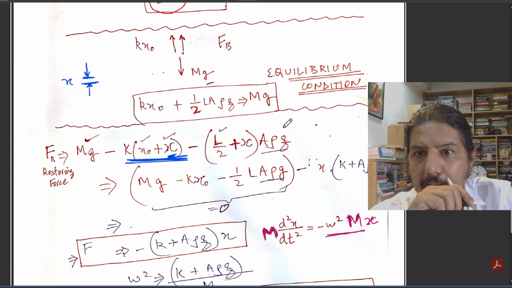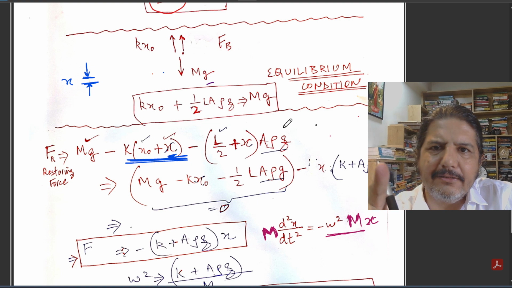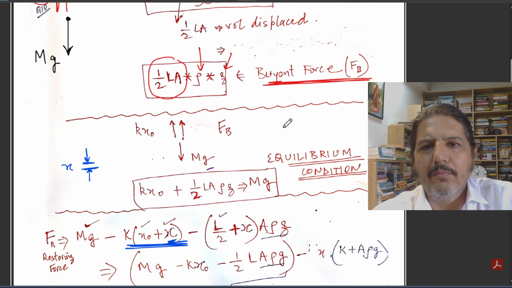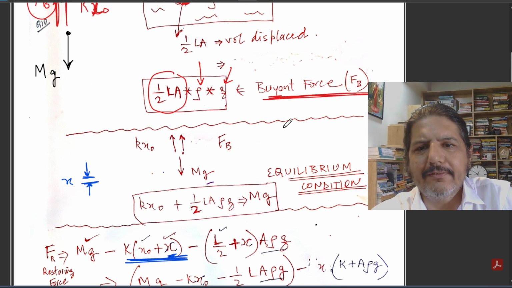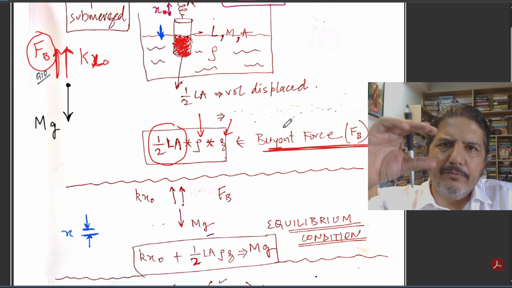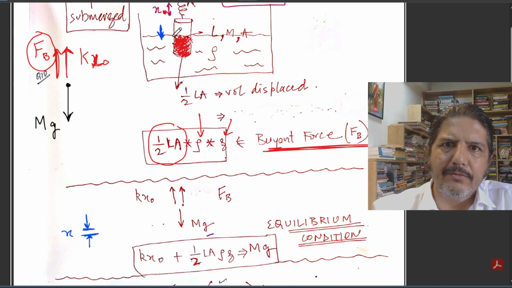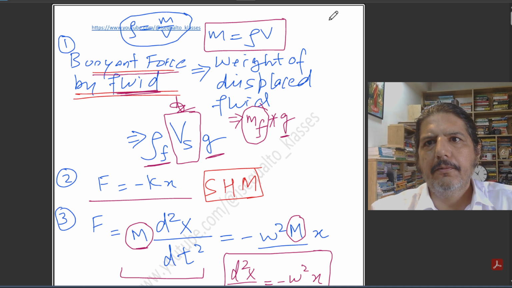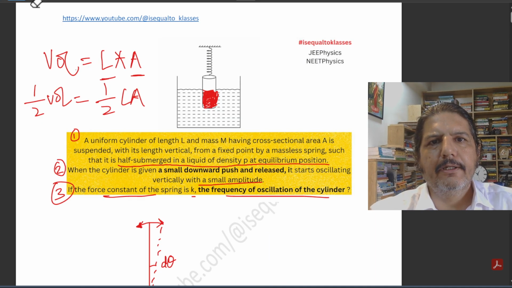Then, due to this additional x, the buoyant force will also increase. Why will the buoyant force increase? Because more part of the solid would be getting submerged. Let me explain it here.